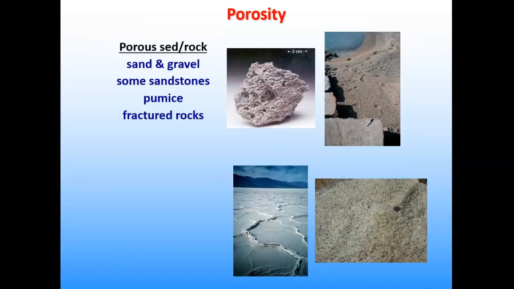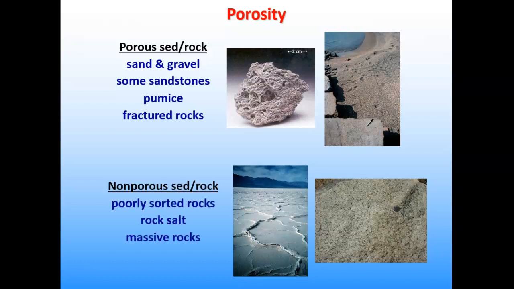And so when we look at porosities here, sands and gravels are the best because they're larger, they don't quite fit together. Muds are very, very tiny, and they fit together pretty well, so there's not a lot of open space there. Sandstones are good, pumice, fractured rocks, all these things have high porosity.